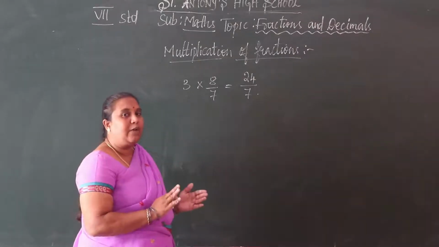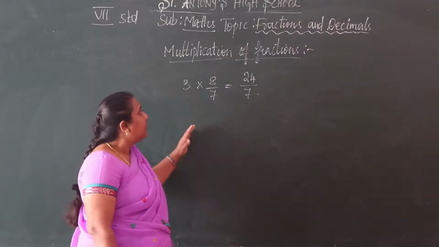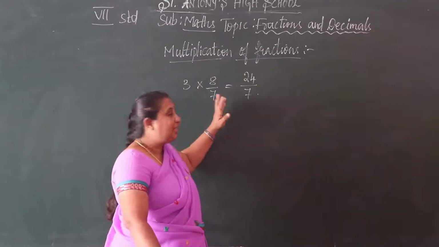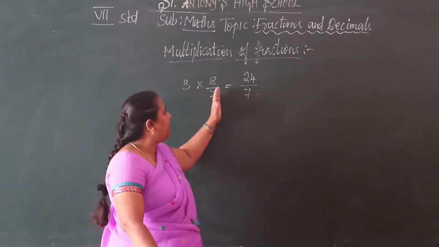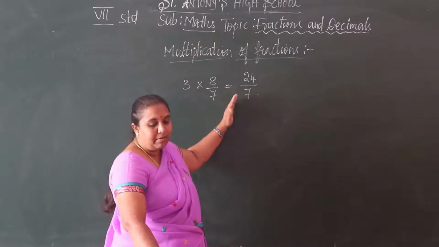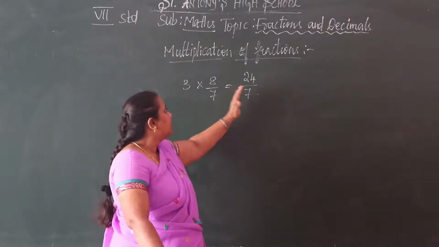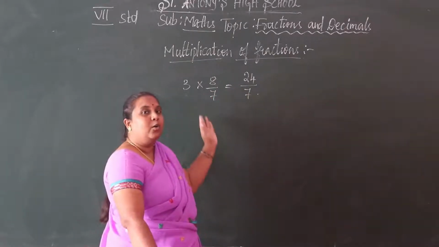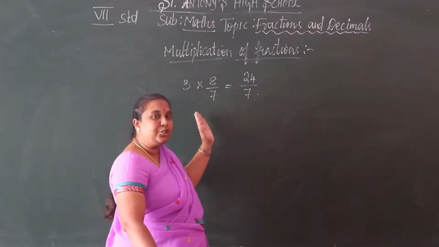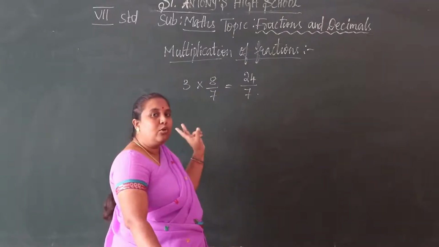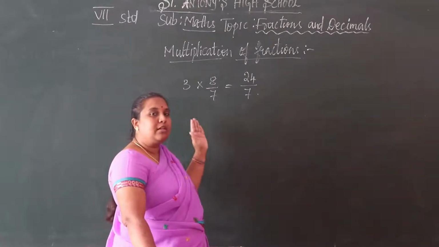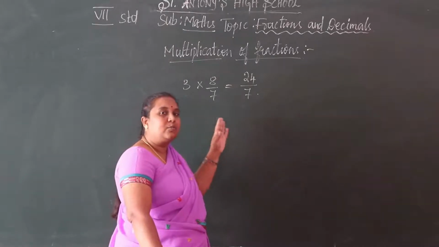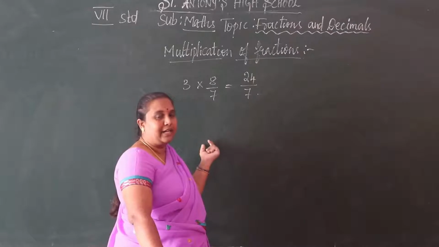And one more thing I want to discuss with you: the whole number which is multiplied by the fraction, the solution is greater than the fraction. Now, when we multiply a fraction by a fraction, two fractions, the solution with improper fractions is greater than each fraction.